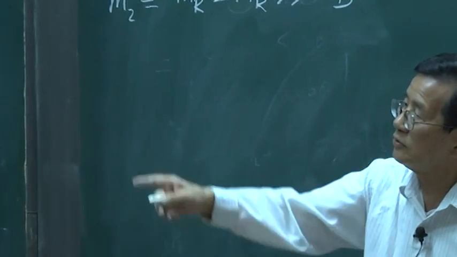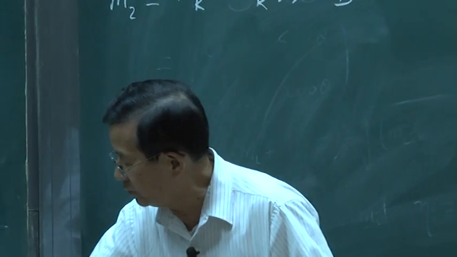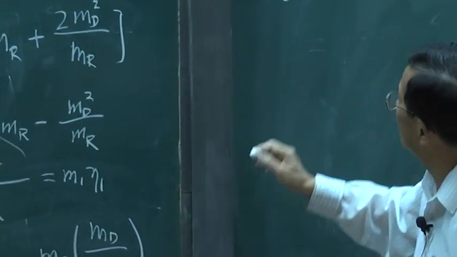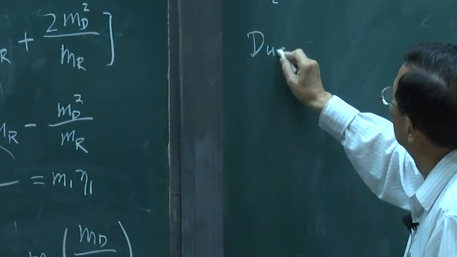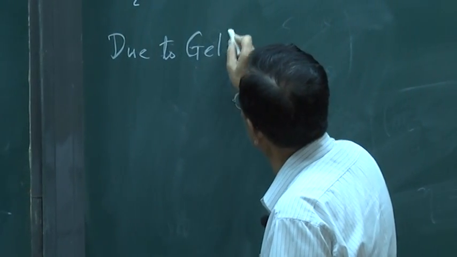So the seesaw mechanism is a way to produce a very small neutrino mass.